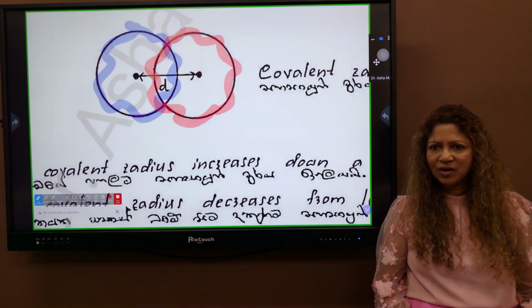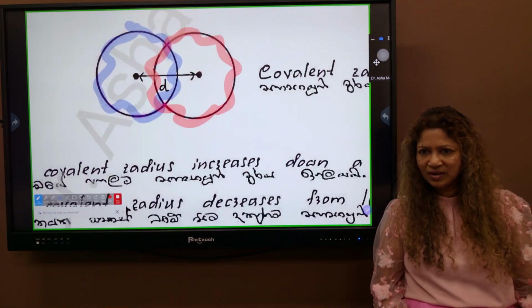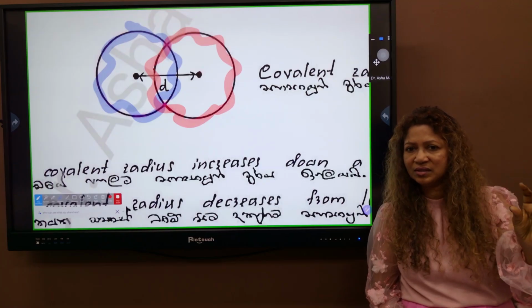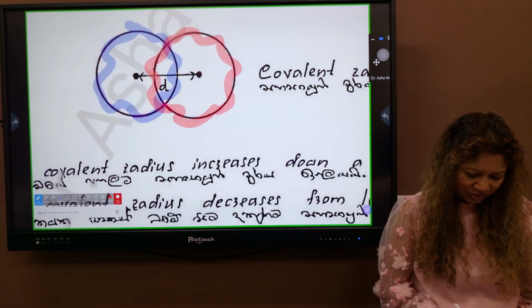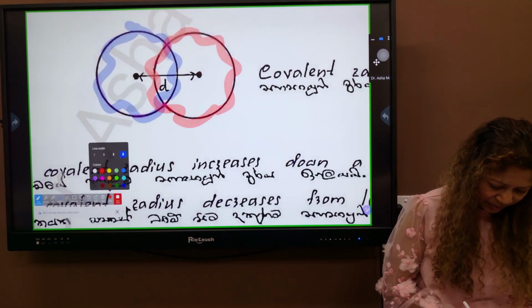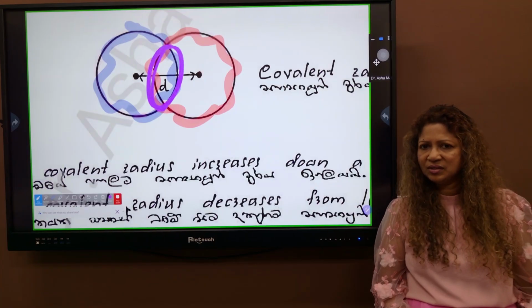Understood? So how do they make sure they are sharing electrons? They don't share electrons. They are sharing what? They are sharing orbitals, mixing orbitals, overlapping orbitals. So this mixing part is the shared part. Understood?